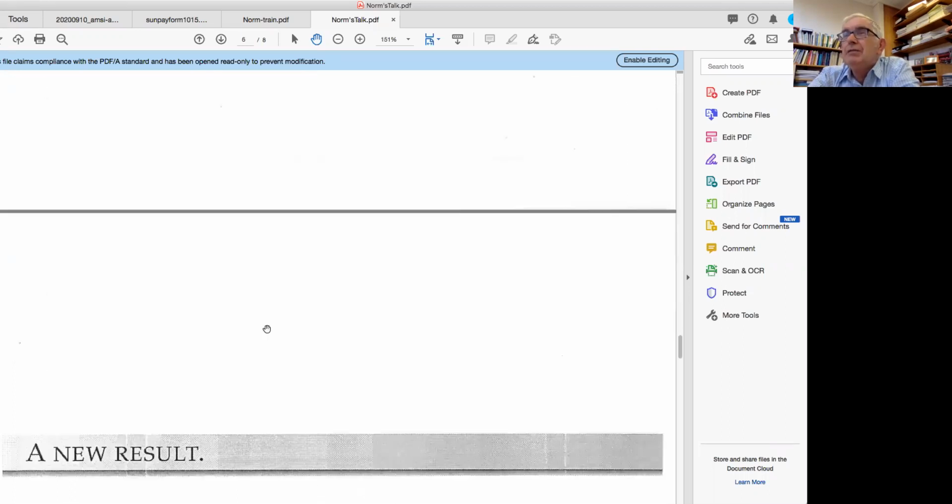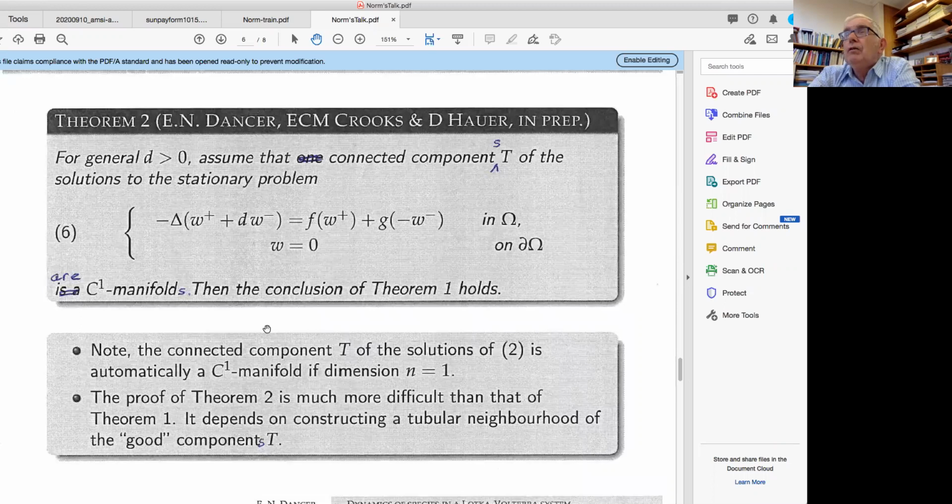There's a second theorem for general D, and this has been changed since I originally typed it: assume that any connected component S of the stationary solutions, which are the solutions of this equation, are smooth manifolds, or C1 manifolds. Then you get the same conclusion as theorem 1.